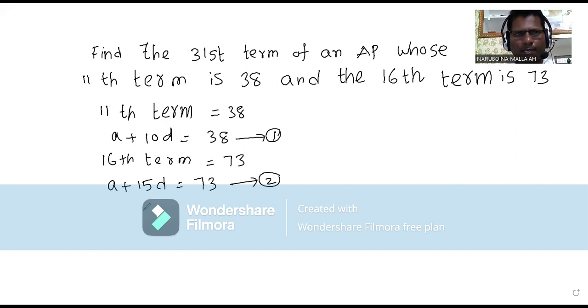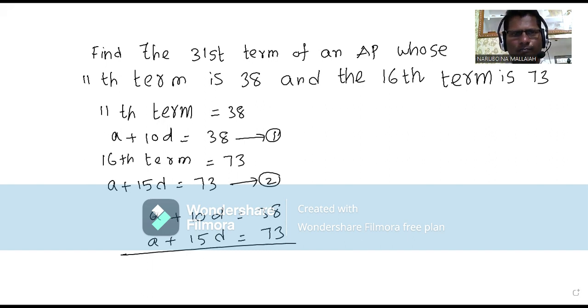Here, let us solve these two equations. A plus 10D is equal to 38. A plus 15D is equal to 73. Now, subtract the second equation from the first one. When these terms are the same, here 1A, here also 1A, we have to cancel it. So to cancel, we have to subtract.